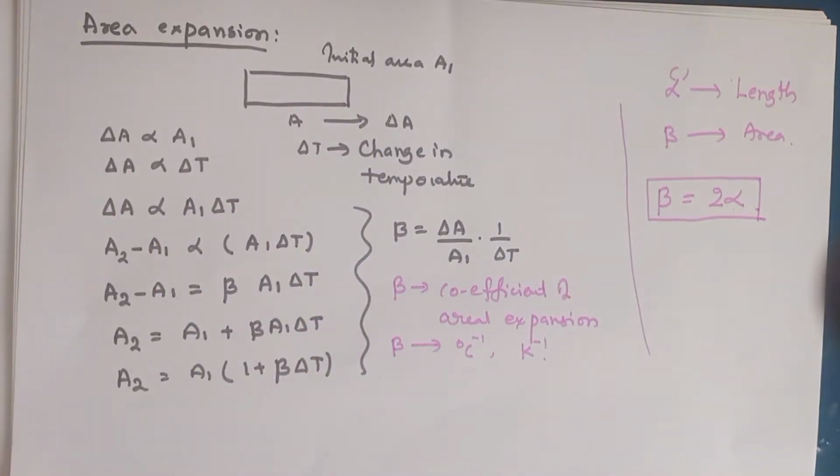Similarly, we can see gamma, which is for liquids or gases, and of course solids. For volume, in terms of length, height and breadth, the total can expand, and the increase in volume can be considered. That is, gamma can be seen as the coefficient of volume expansion. Let's see that.